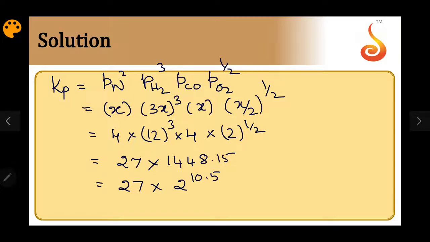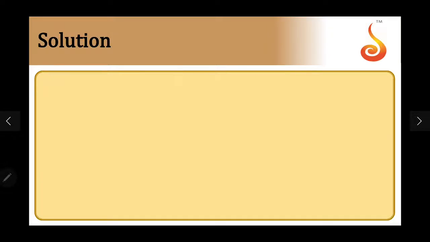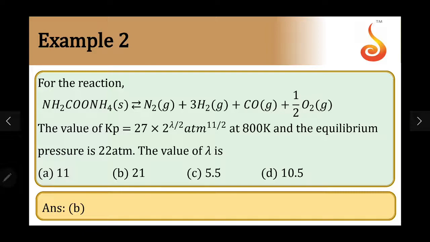So from this I can say lambda by 2 is equal to 10.5, or lambda equals 21. So answer is 21 for this particular question. So answer is B.